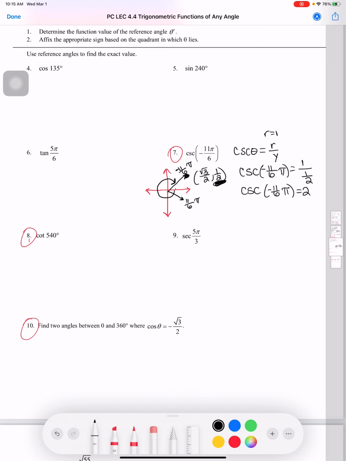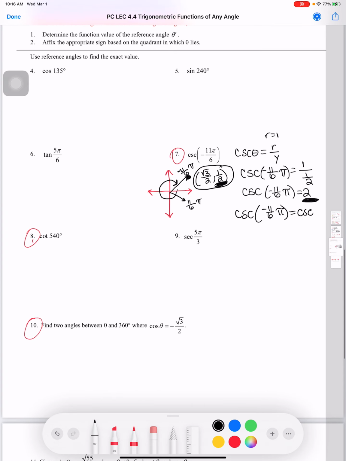So I have my answer, but if I'm being honest, I think the concept of what they're wanting you to understand is, of course, that is the answer, but they want that reference angle. So that negative 11/6 pi, I should also put here that the reference angle, the angle that I used on my unit circle to get those values, I know that is the same thing as cosecant of pi over 6.